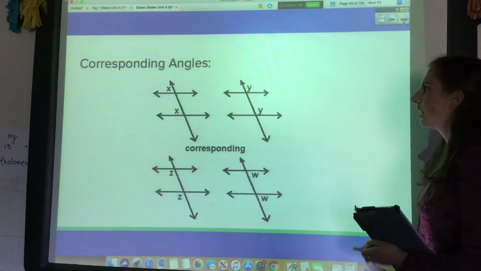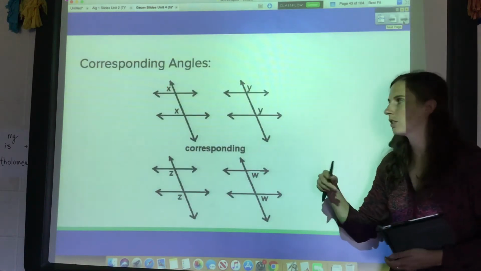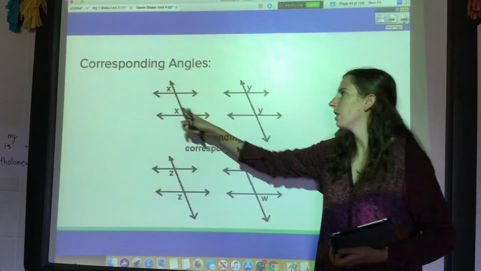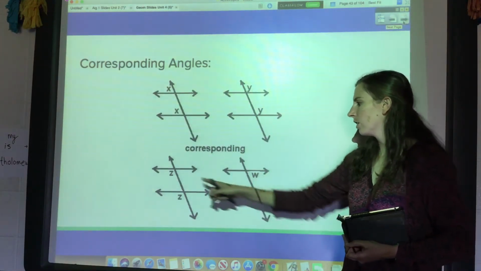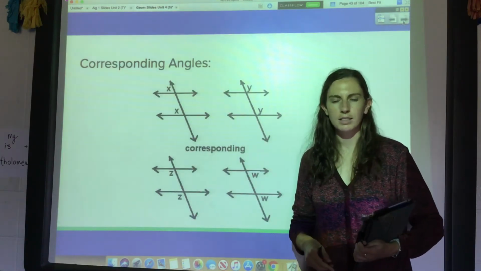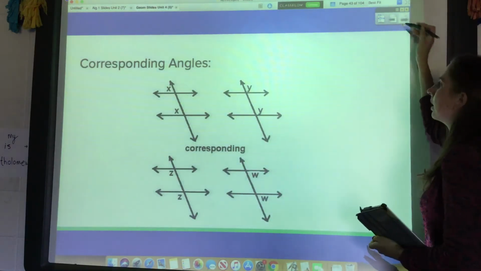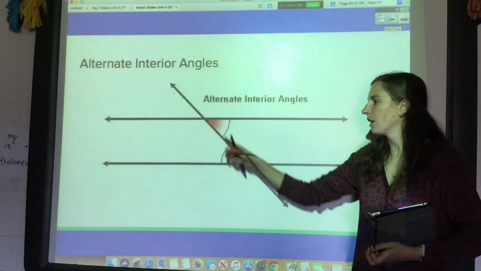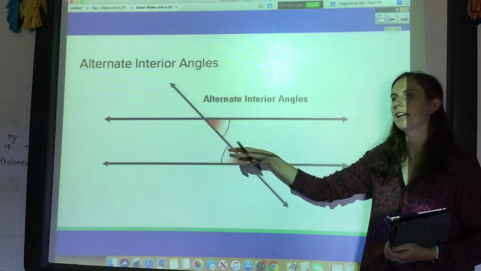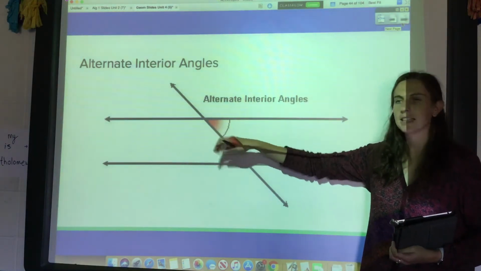Okay, so we're going to use that. Let's go ahead and go through it real quick. These that are in the same position, or these, or these, or these, those are called corresponding angles, and they are always congruent. If they're opposite each other on the inside, we call them alternate, because they're alternating, interior, because they're on the inside, angles.